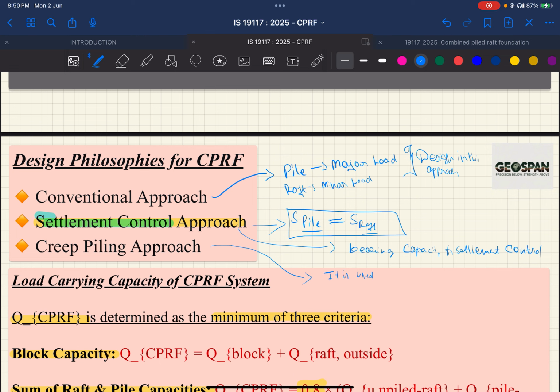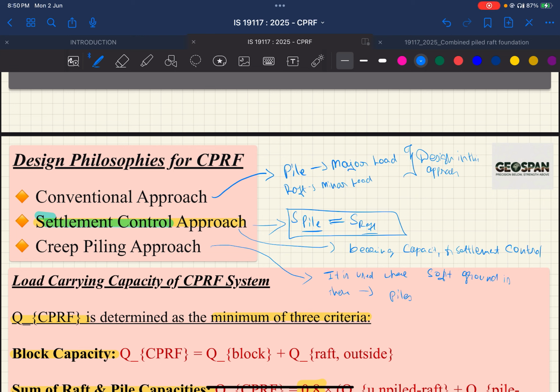Piles are designed to take care of the greater share of the load over time as the soil compresses and loses stiffness.